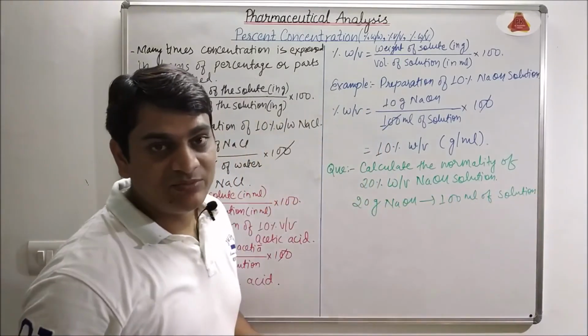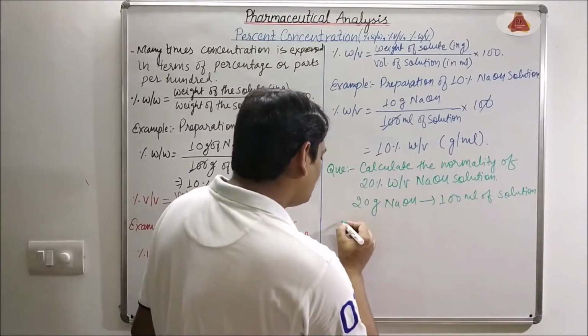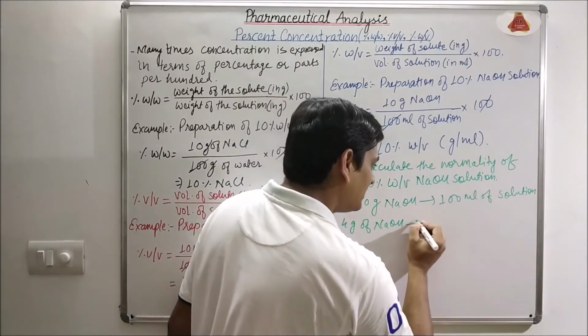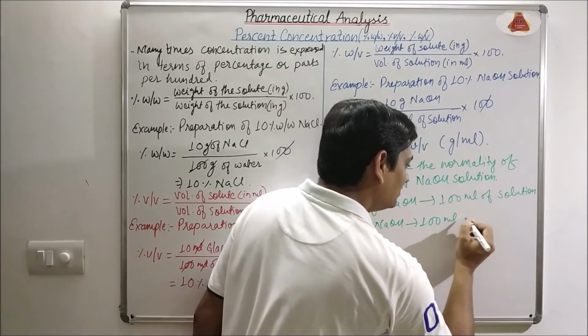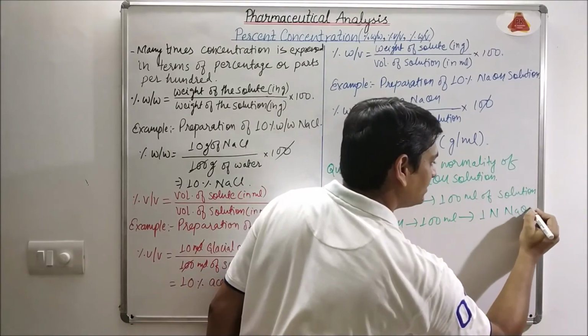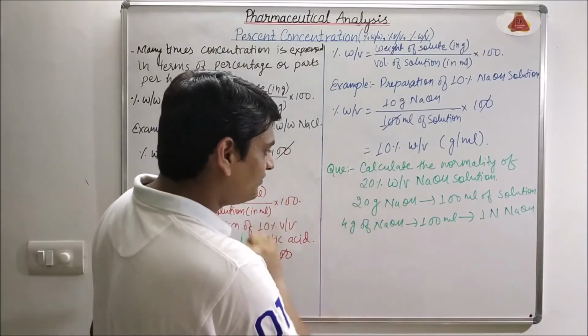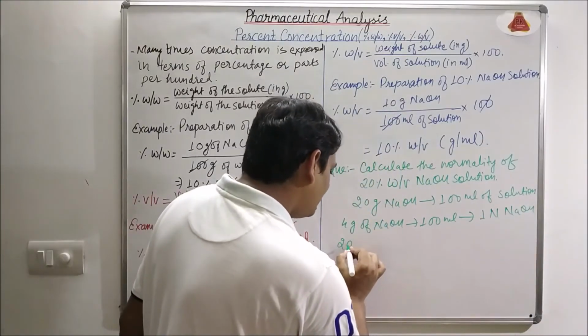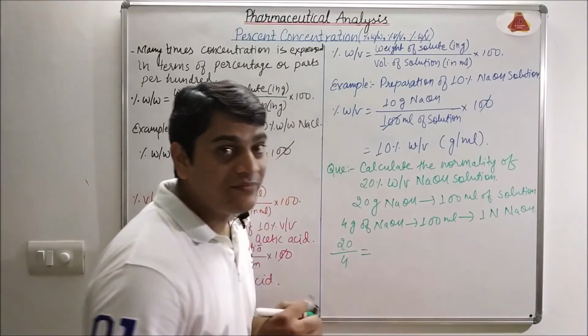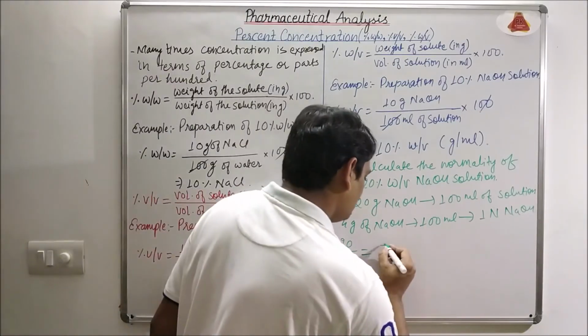This can be solved very easily because if 4 gram of NaOH is present in 100 ml, then it will be 1 normal NaOH, but here it is 20 gram, so 20 divided by 4 is equal to 5 normal NaOH solution.